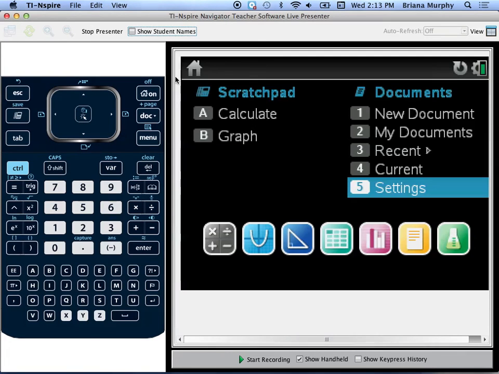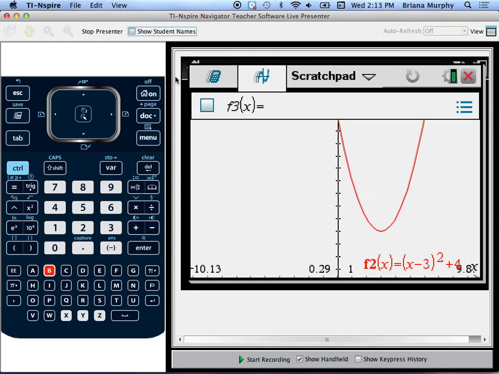Okay, so this should make it a little bit easier. This is my calculator, so I'm going to go through and do number 2. First I'm opening a graph page, and if you look, guys, the letters on the calculator that show up in red tell you what I've just hit.